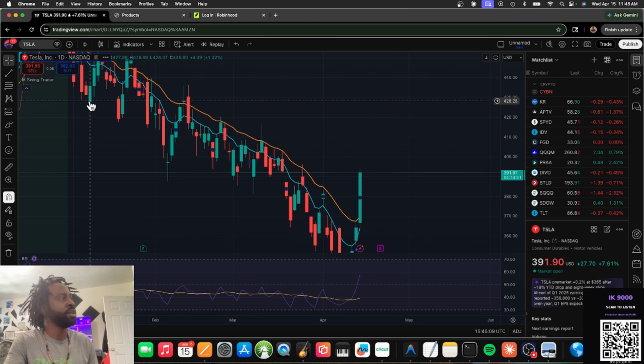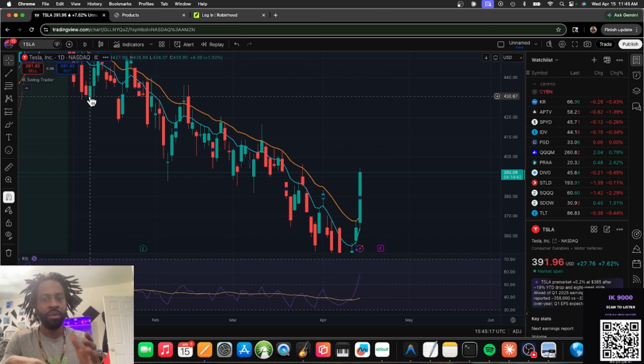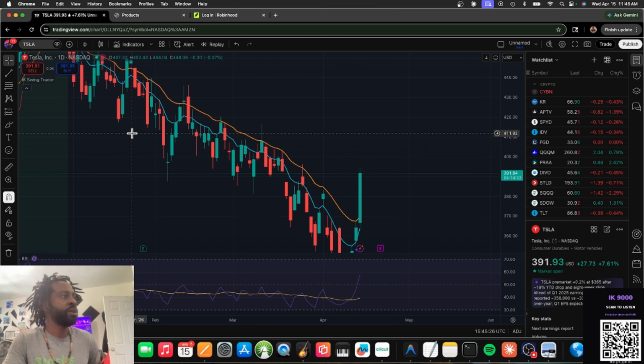On this new indicator, which I call the EK Swing Trader tool, indicators just help you make your decision. They give you more information to make your decision on whatever entry point. That's what I created with this one.